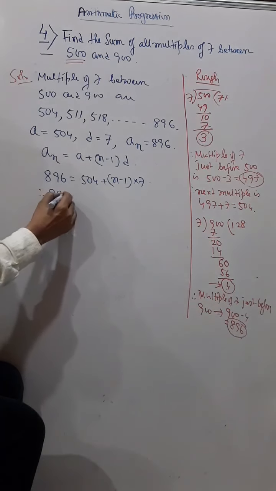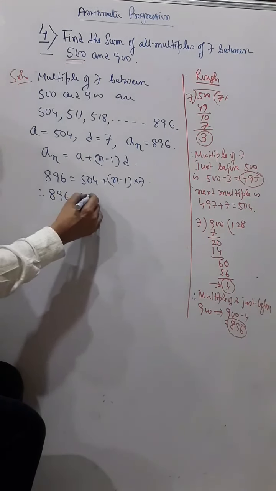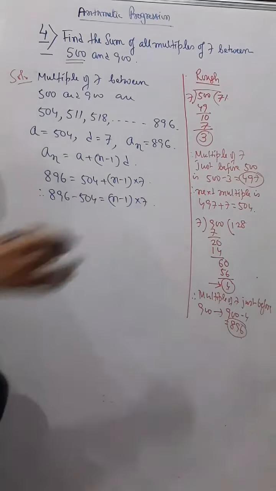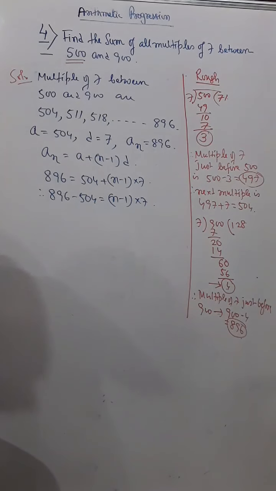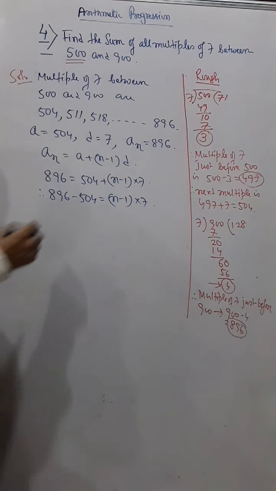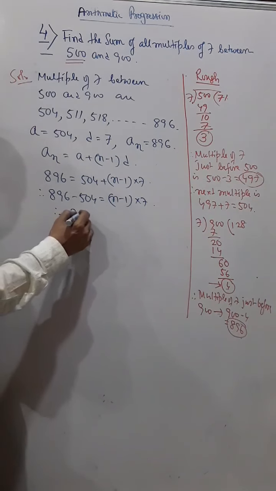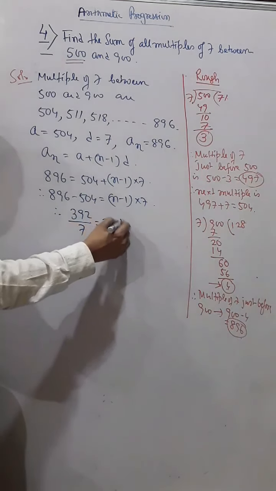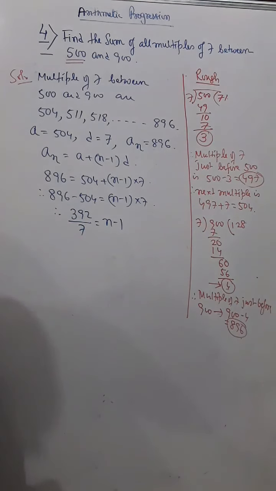So you are getting 896 minus 504 is equal to n minus 1 into 7. And then 896 minus 504 gives us 392. Then 392 divided by 7 is equal to n minus 1.